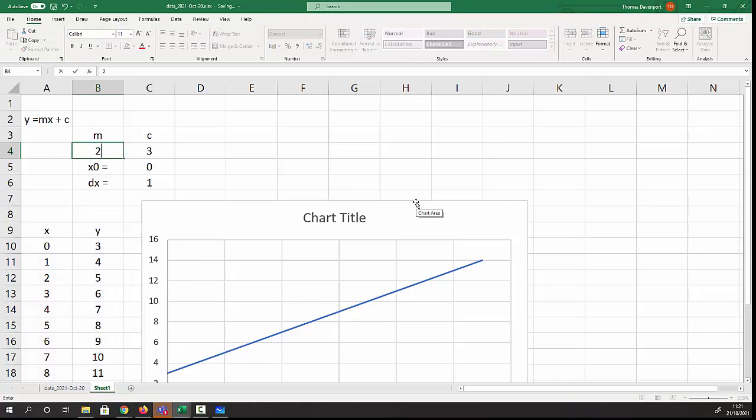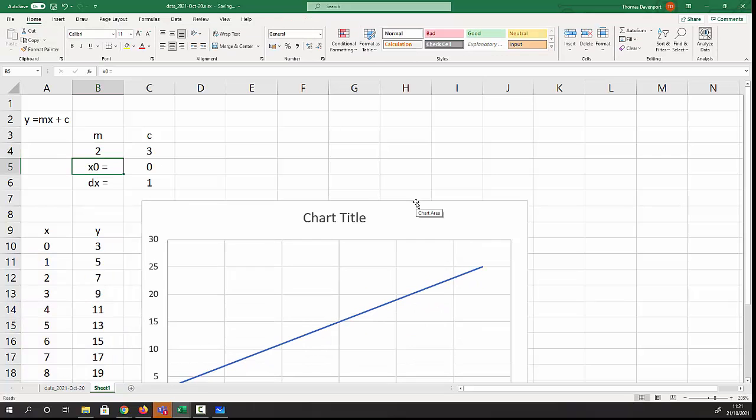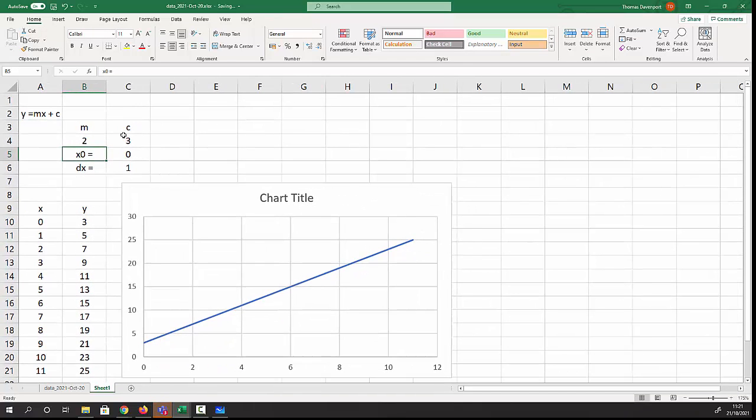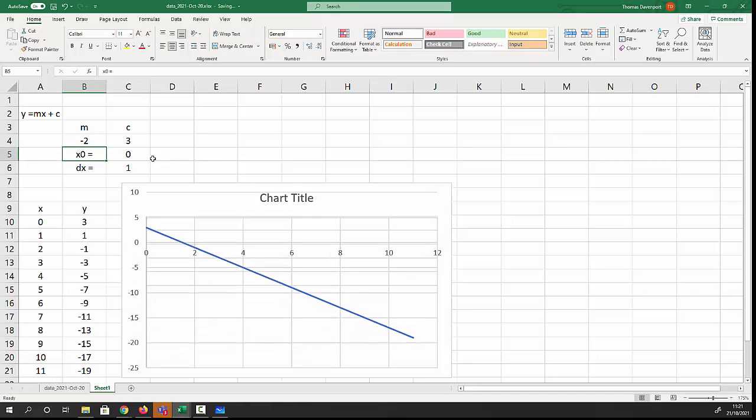If I now change the gradient to 2, the graph has changed, and what you'll see is that the numbers here go higher because Excel dynamically rescales the graph. If I change the gradient to -2, you'll see that the graph now has a negative gradient.